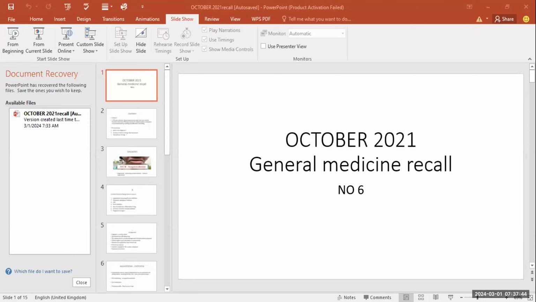Who is helping out to share this slide? I don't know. I'm not the one sharing. Am I the one sharing? No, I don't think you're the one. So I don't know who is sharing this slide, please.